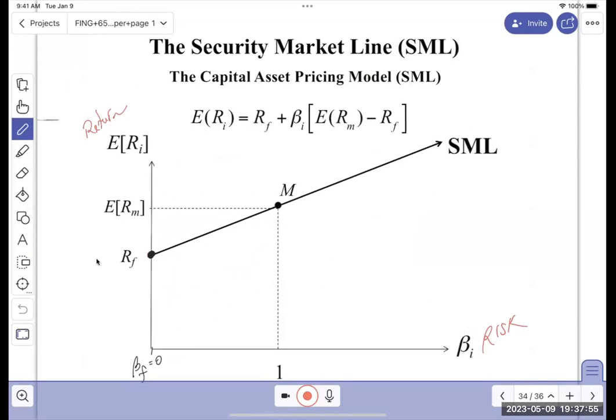This is the y-intercept. What is the slope of this line?